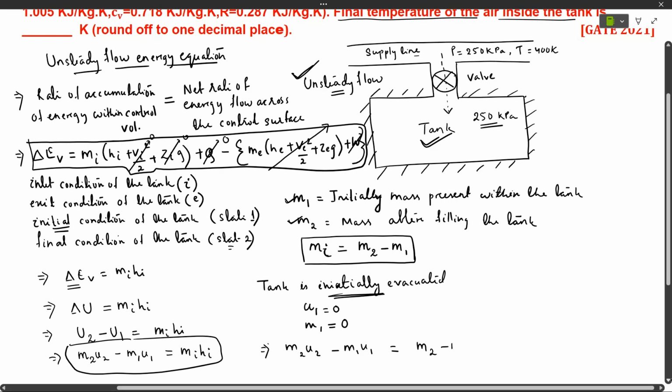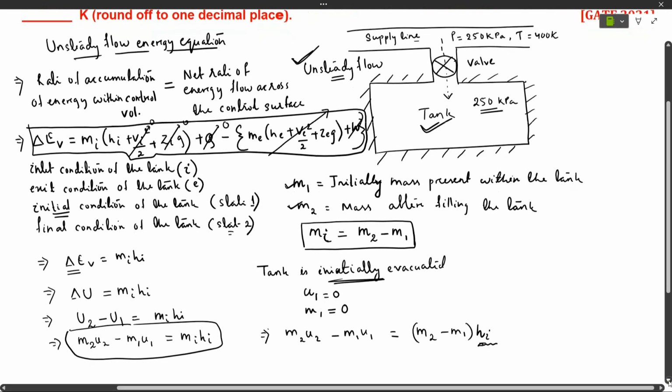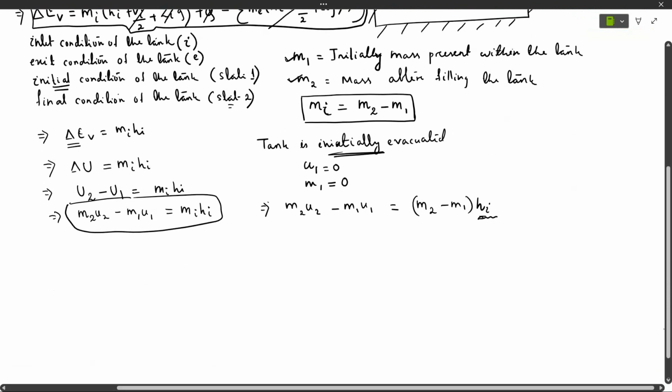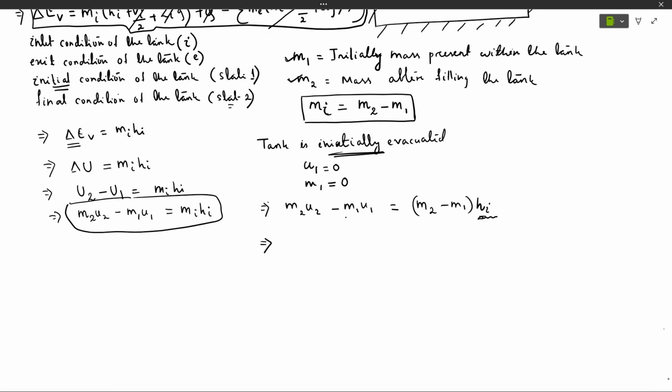Now what is this h_i? h_i is the initial enthalpy of the mass with which the mass flows into the tank. So here we neglect the m1 and u1 terms on the left hand side, and on the right hand side we neglect the m1 term. So the equation reduces to m2 u2 is equal to m2 h_i.